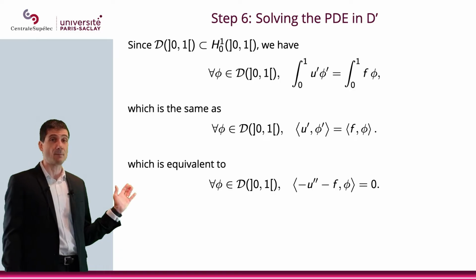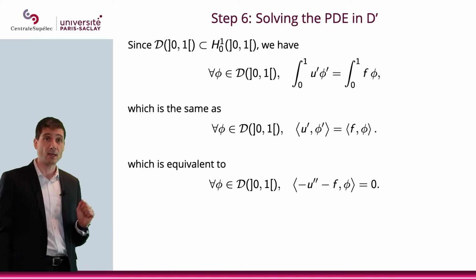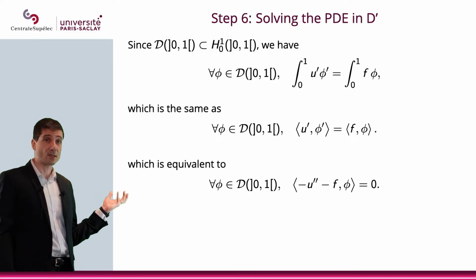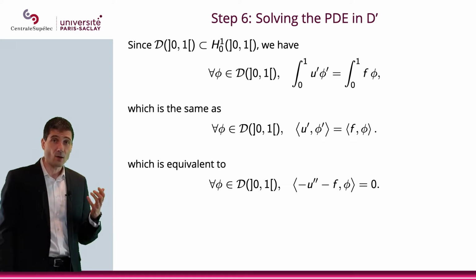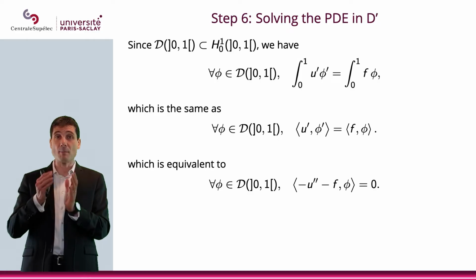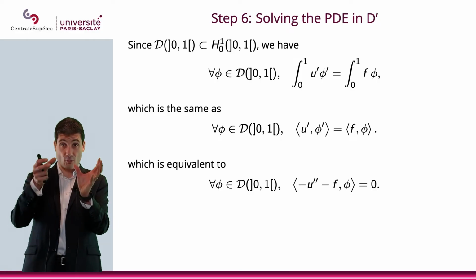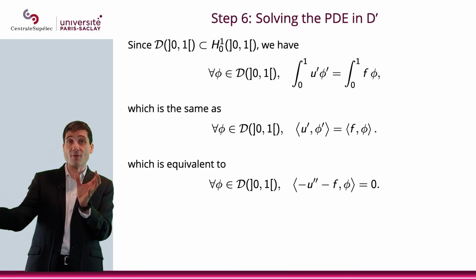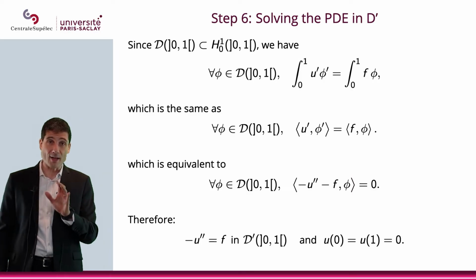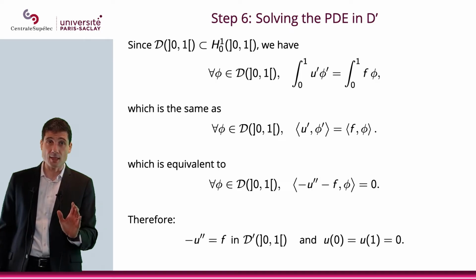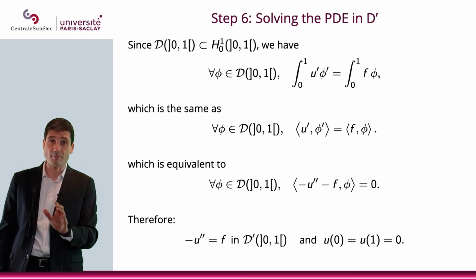So what I'm saying is I'm just writing this in the sense of distributions. Now, I can just put everything on the left-hand side, and what I end up with is minus u second minus f, as a distribution applied to a test function phi, equals 0. Therefore, what I have is minus u second equals f in D prime.